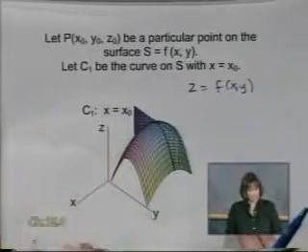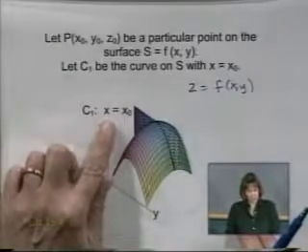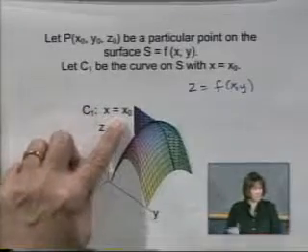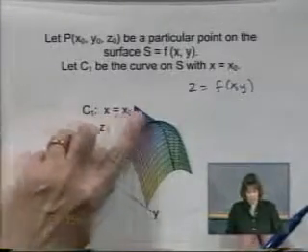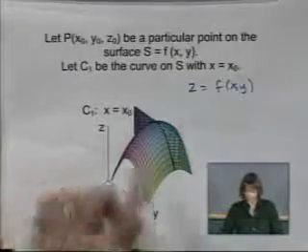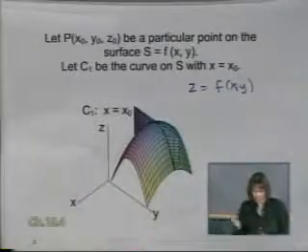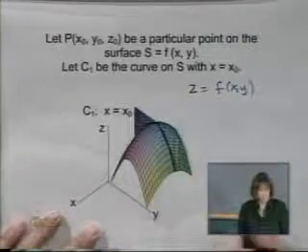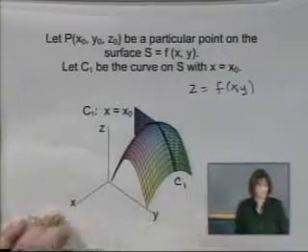If I take all the points on the surface for which x is equal to a constant, that's really the plane x equals x naught. As you can see, that plane intersects my surface in this curve right here, and I'm going to call that curve C1.